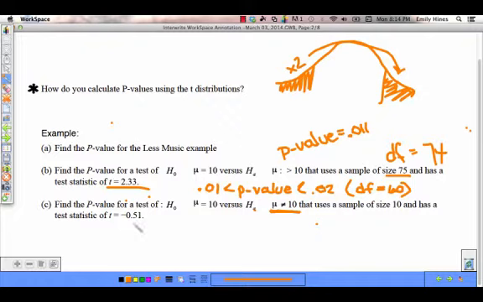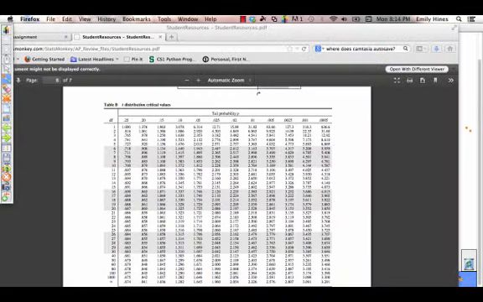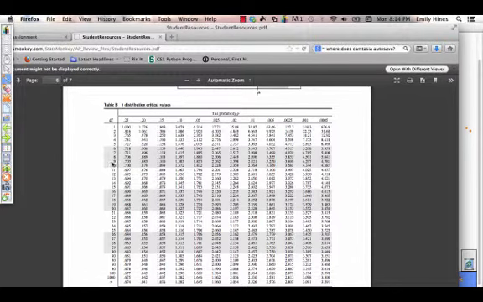Okay, so I know here that thanks to this, my degrees of freedom is 9, which means my table will help, because that's a small enough one that it should be pretty accurate. So here's my t-value. Let's go look at our table. I go to my degrees of freedom is 9, and I go look for negative 0.51, which would be positive 0.51.